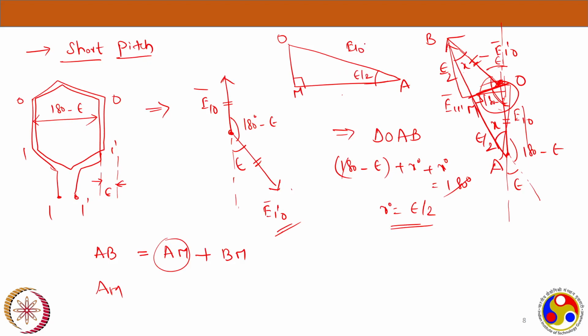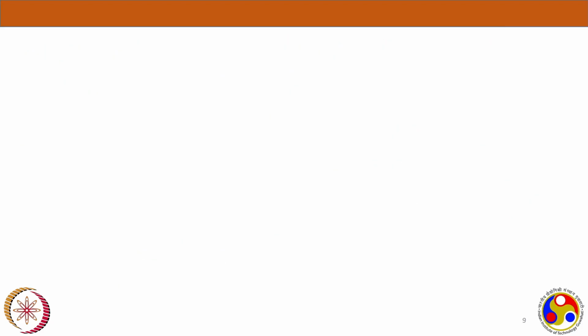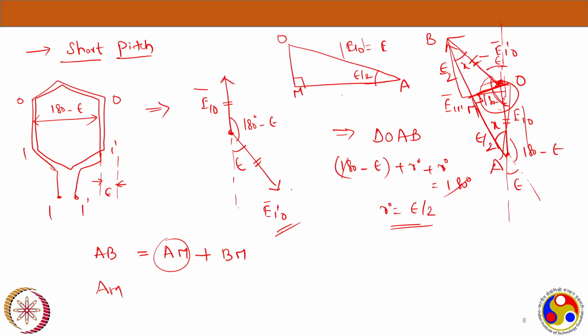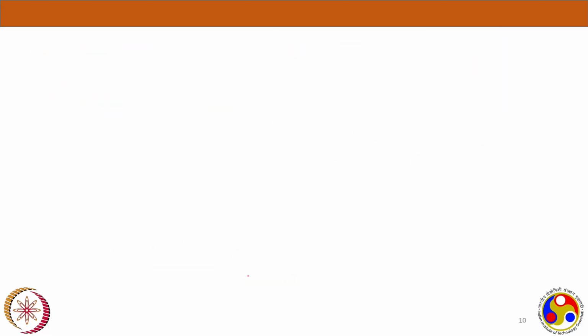This is E10, whose magnitude is equal to E, right? Now tell me, what is this AM side? This is the adjacent side of the epsilon by 2. I'm writing it AM. AM will be equal to magnitude of E10 times cos epsilon by 2, right?